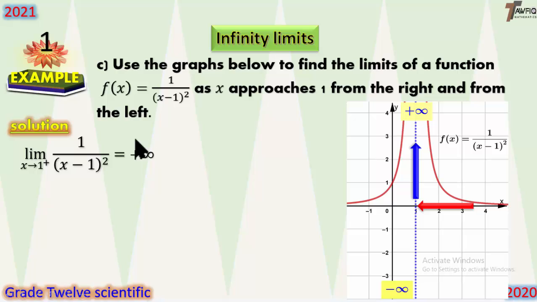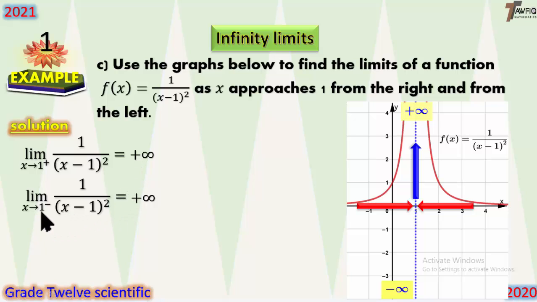That means it is positive infinity. And when we approach 1 from the left for 1 over x minus 1 squared, as you can see, the function goes to positive infinity. That means on both sides it goes to positive infinity.